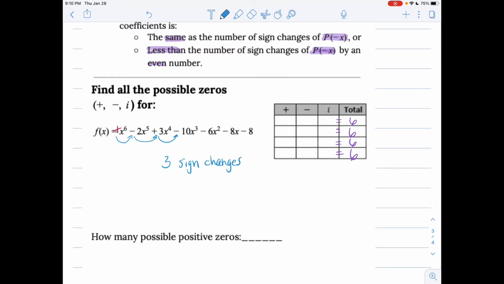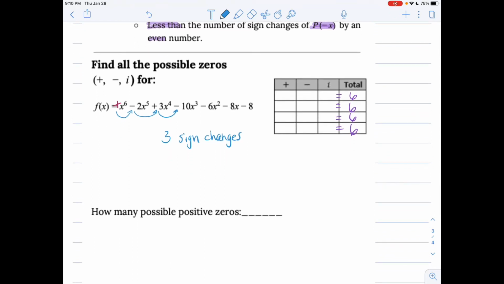So that means that for the possible positive zeros, I can have as many as 3. But I might also have 1, because it says less than this number by an even number. The first even number that I would run into is a 2, so 3 minus 2 is 1. So we have 2 different choices for our possible positive zeros.